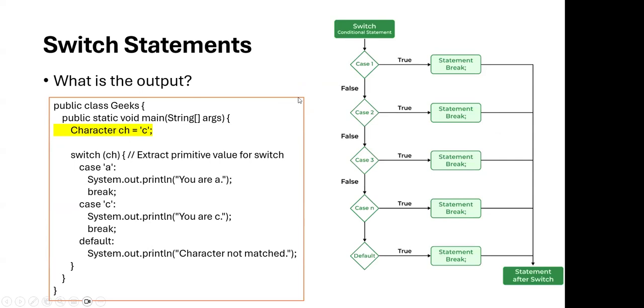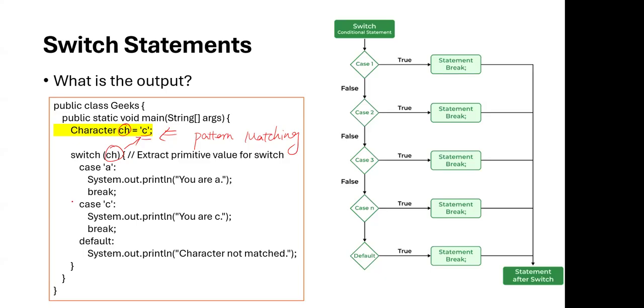In this example, suppose we have a character C here. And then we are doing some pattern matching. Here the CH is referring to the character C. We have different cases, right?